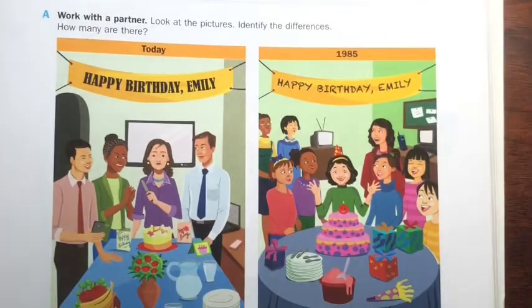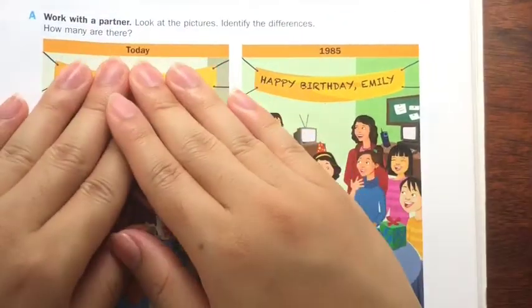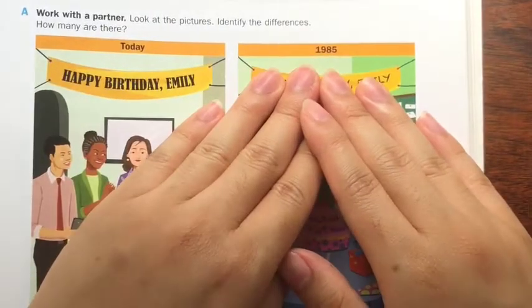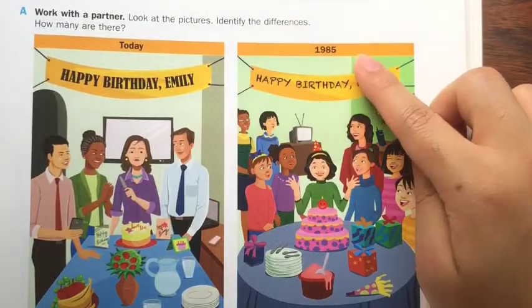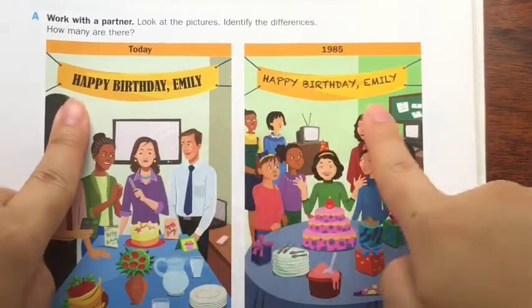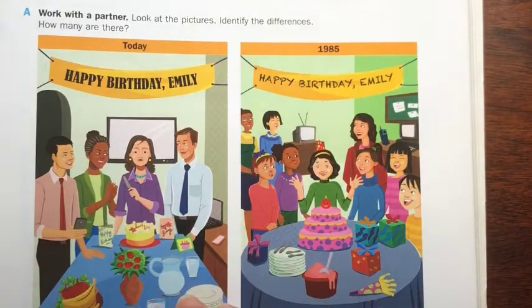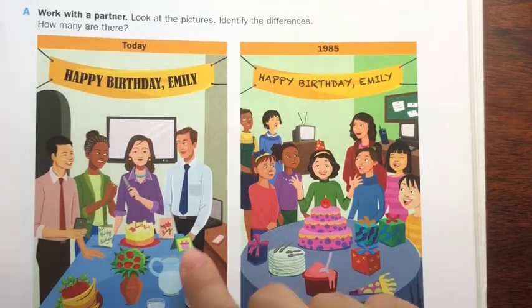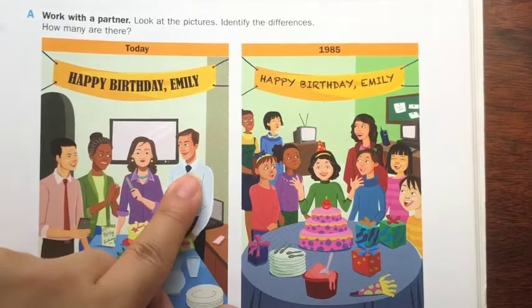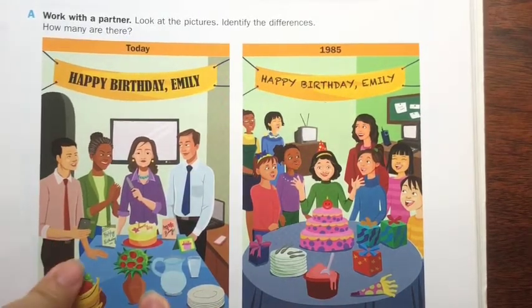So let's look at these two pictures. We have today, and we have 1985, the year 1985. Happy birthday, Emily. So let's look at this picture. 1, 2, 3, 4. I see 4 people here. So, what can we say?